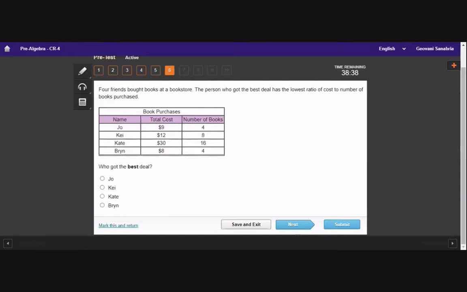Okay, let me check. Oh yeah, it's 1.5, so something went wrong with my calculation. So the other one had 1.87. So it would be the second one. Kai would have 1.5. Yeah.